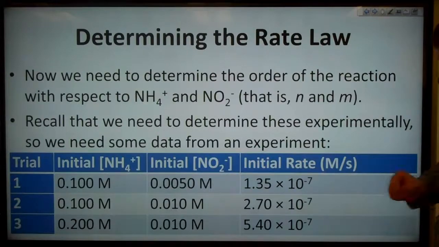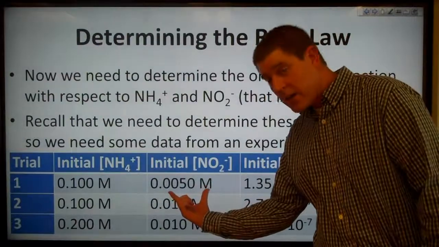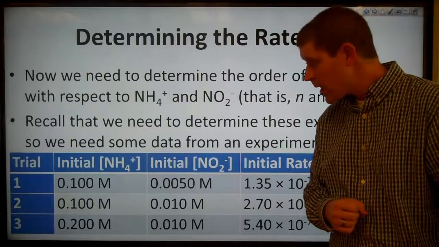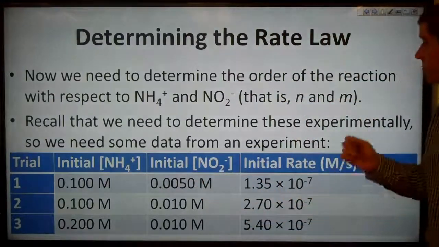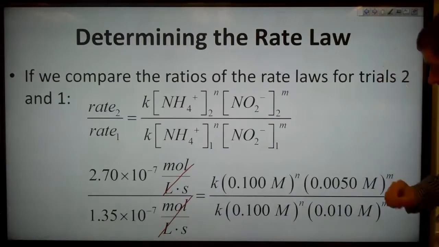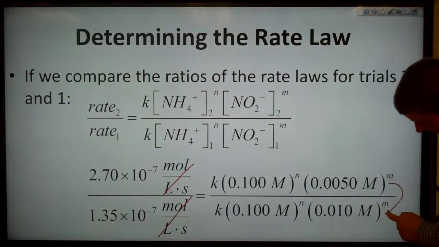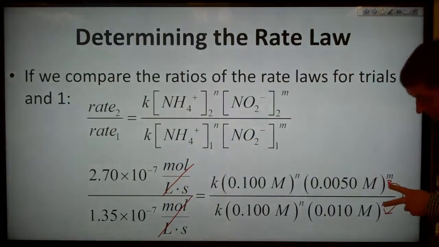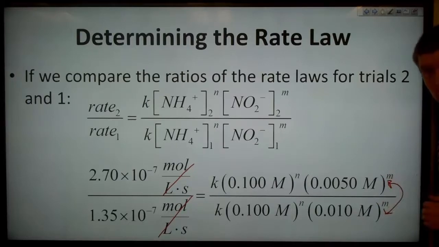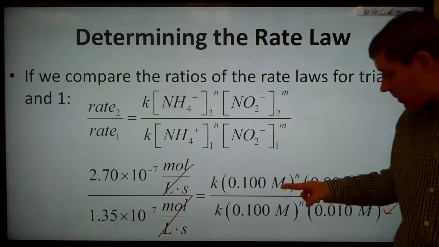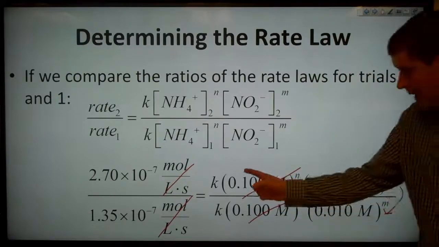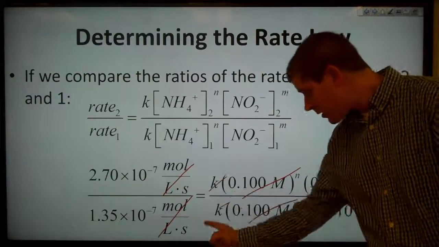Let's go back and look. It looks like I've taken the concentration from trial 1 and matched that with the rate from trial 2. So these two need to be flipped, because this fraction gives us 2, and when we flip this, now this side of the equation will also give us 2, because of course when we flip these two, then those will cancel, and the k here cancels as well.